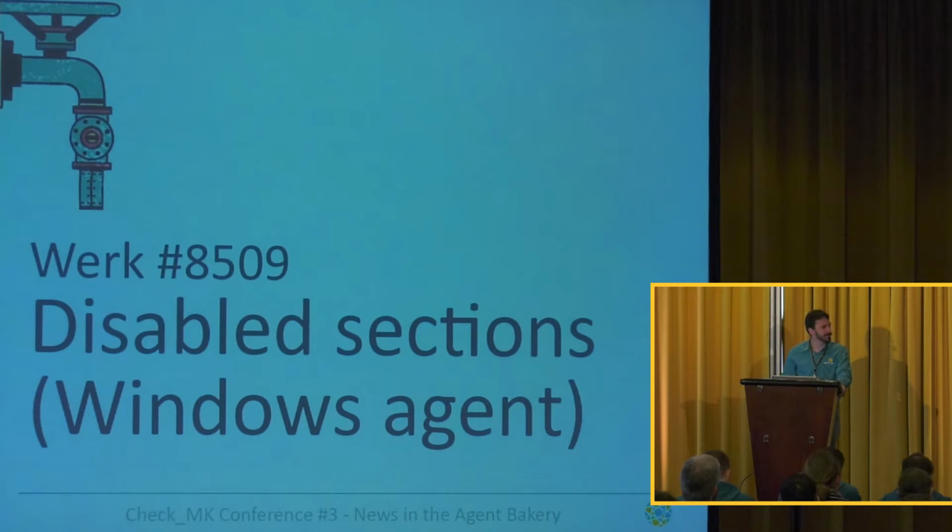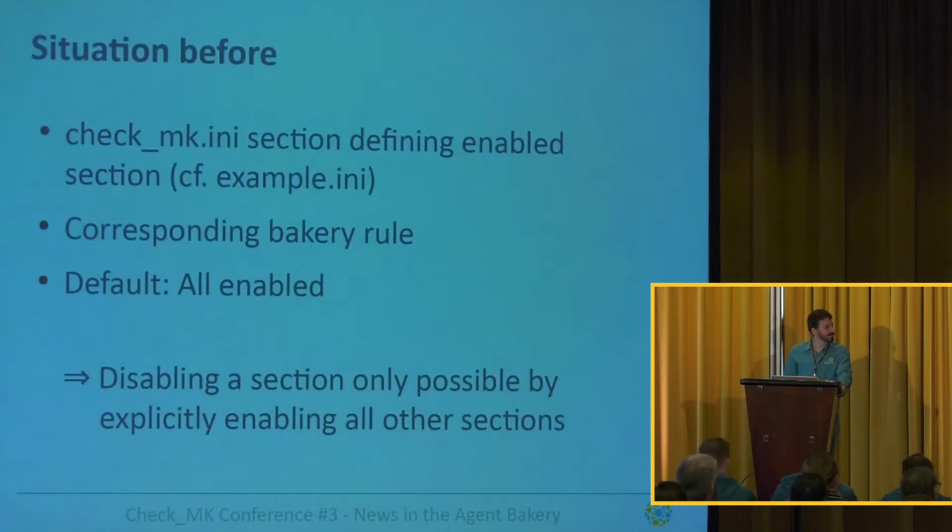The Windows agent had a rule that activated certain sections or deactivated them, and the problem was that there was a section in the checkmk ini where you could list which sections you want, and if there were none listed, all of them were executed.